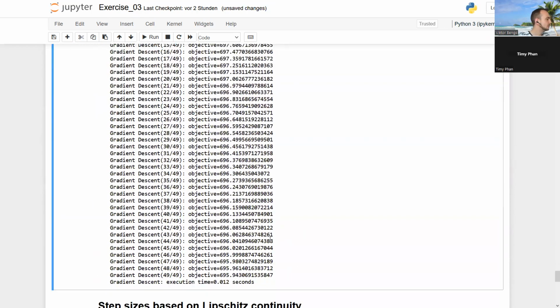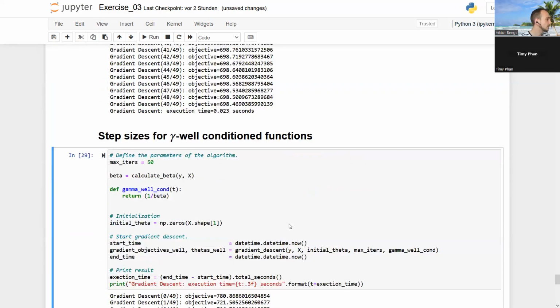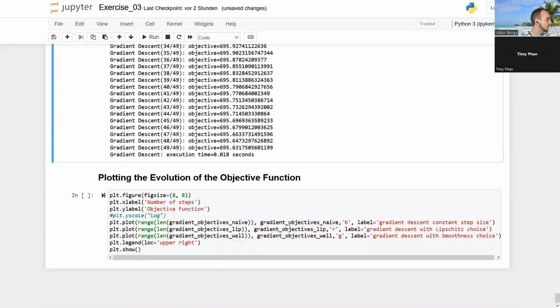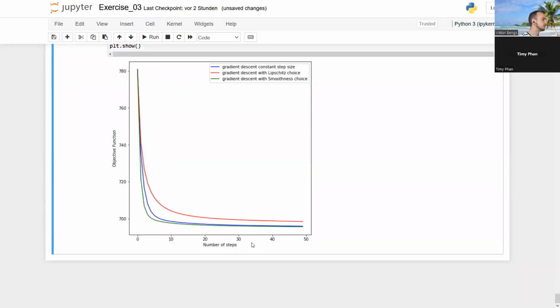We can do the same things as before, choosing the gradient descent steps with the help of a naive choice, the smoothness choice, or the Lipschitz choice, and we can again plot what the objective function would look like over the iterations. And again, a quite similar picture as before.